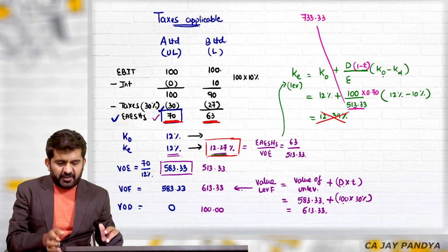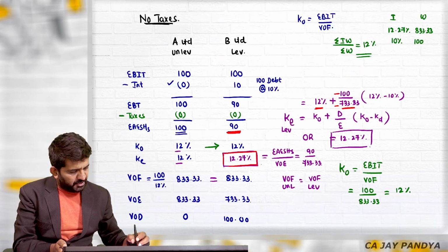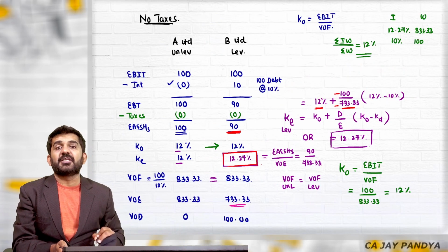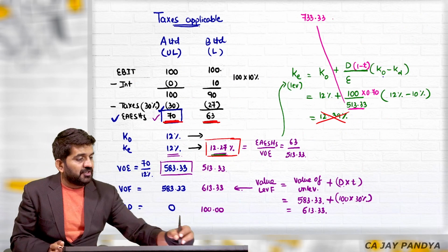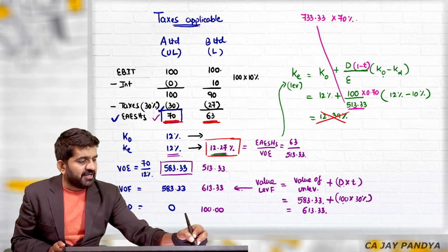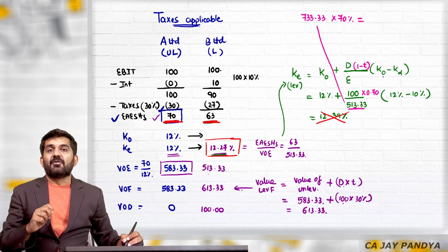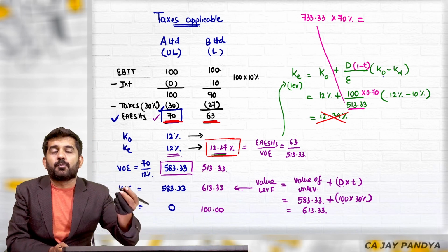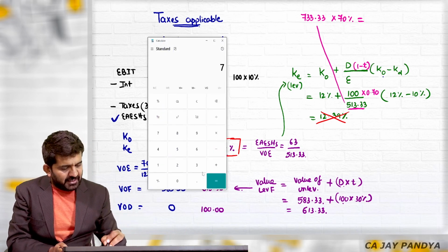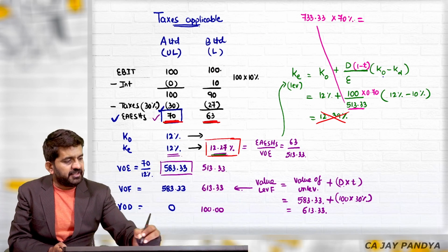What was the value of equity when there was no taxation of B Limited? 733.33. If the tax comes into the picture, the value of equity will become 70%, because some portion is taken by government. What is the answer? 733.33 multiplied by 0.7 is 513.33.